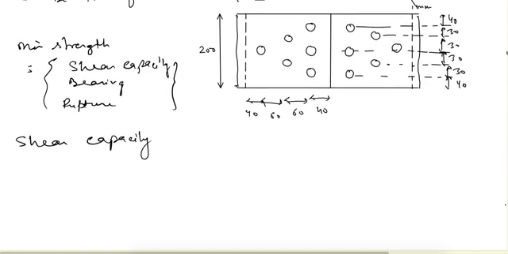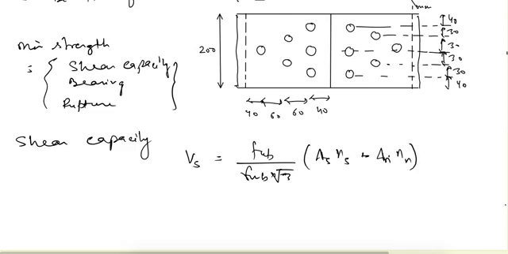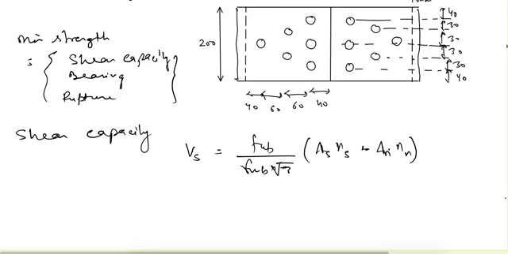So the shear capacity, the formula Vs is given as fub by gamma mb root 3 multiplied by As into Ns plus An into Nn. In this case, Ns and Nn, that is shear plane passing through shank and shear plane passing through thread, both are taken as 1.